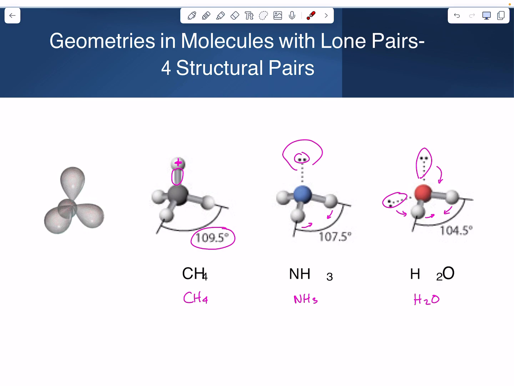And then in the water molecule, we actually have 2 lone pairs and 2 bonding pairs. So the angle in the water molecule is the smallest of the 3.